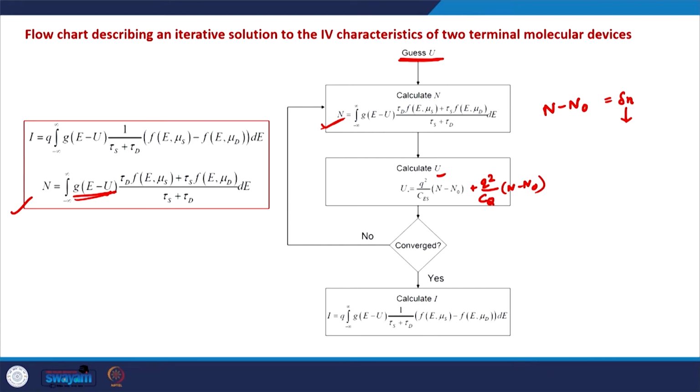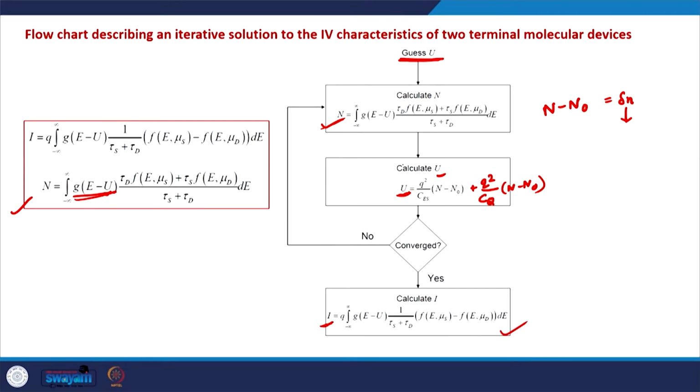Then with this new u that we obtain in this step, we compare it with our initial guess, and if both of them match with fair accuracy, or they converge to a particular value, then we take that to be the final u, and based on that u we calculate the steady state current in the system.